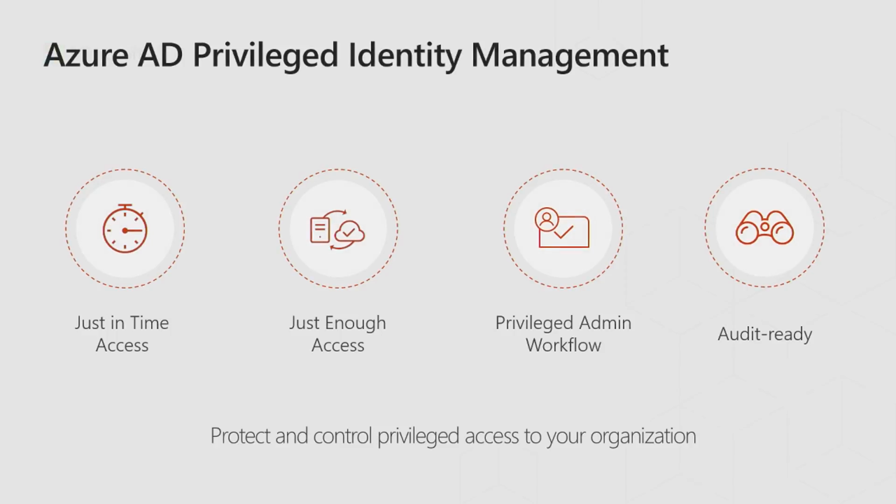If you don't know what PIM is, PIM provides your administrators with just-in-time access to privileged roles within Azure Active Directory, Azure resources, and Office roles that are within Azure Active Directory, and that's just the start. We also provide just enough access, which means that we enable you to use those limited admin roles.